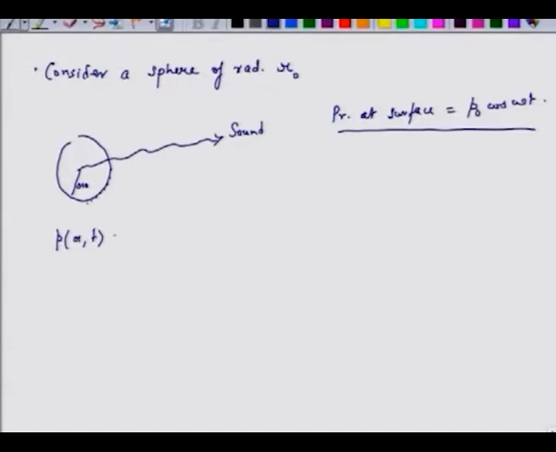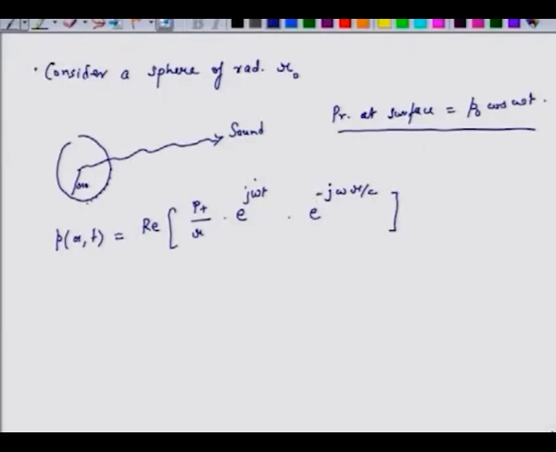So, P is a function of r and t, and that is nothing but real of this complex amplitude P plus divided by r times e to the j omega t times e to the minus j omega r over c, and because this is a forward travelling wave, there is a negative sign here. So, that is my relation for pressure.